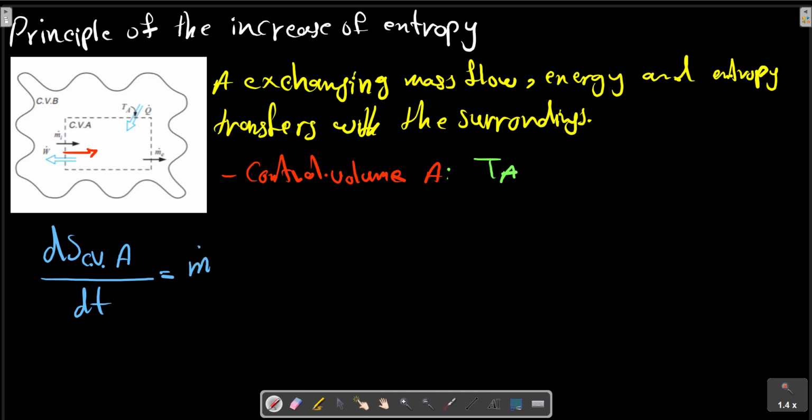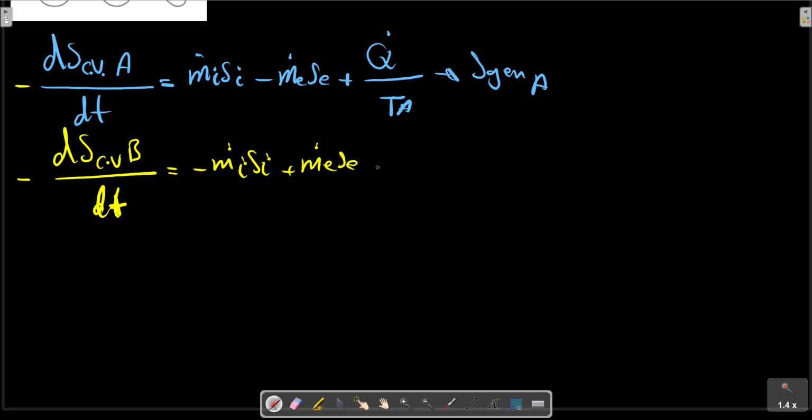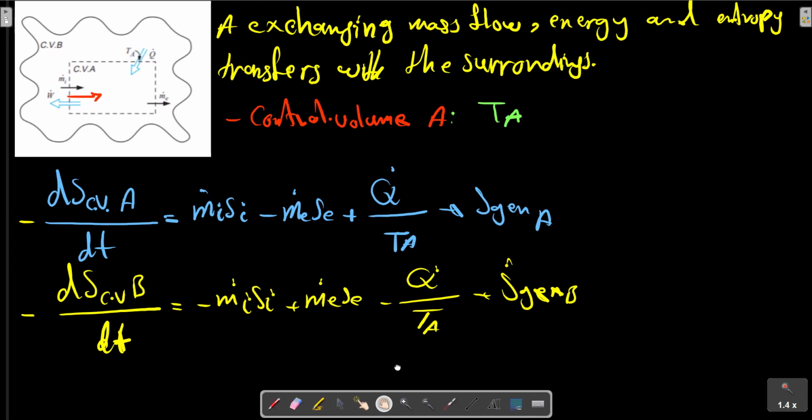For A: dS control volume A on dt equals m dot i s i minus m dot e s e plus Q dot on TA plus S dot generation A. And for control volume B, dS control volume B on dt, plus S dot generation B.